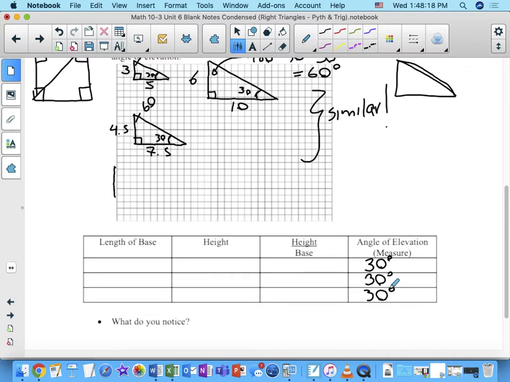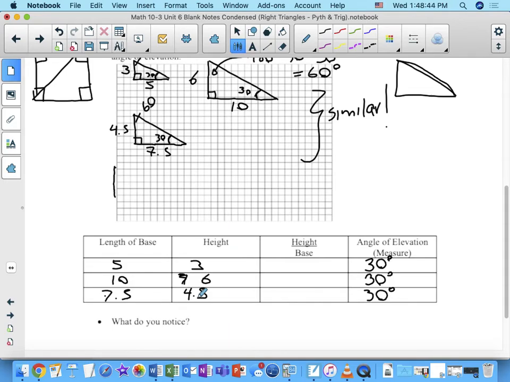Those were things that I just gave you, right? You didn't make those up. The first one, the length of the base was 5 and the height was 3. The second one, the base was 10 and the height was 6. And the third one, the base was 7.5 and the height was 4.5.